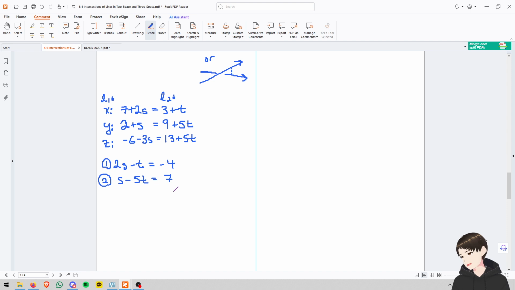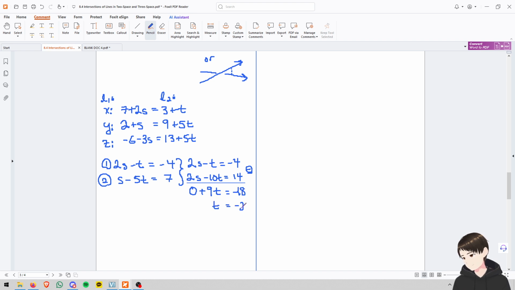I will multiply one of them by 2, so that becomes 2s minus 10t equals 14. Since the s's are the same, I will subtract top to bottom. 2 minus 2, that's a 0. Negative 1 minus a negative 10, that's a positive 9. And negative 4 minus 14 equals negative 18.